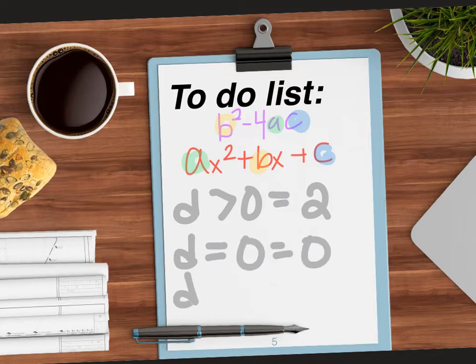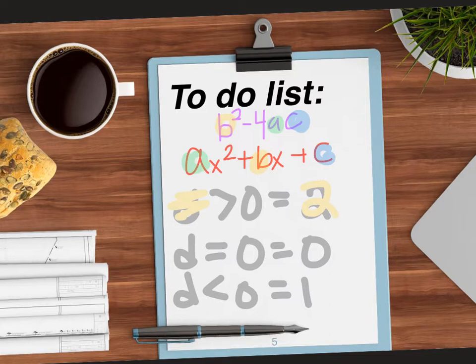And if d is less than 0, it's going to have 1 answer. So the way that I remember this is: greater gets a greater number, 0 is 0, and less than gets a less number, even though 1 is more than 0. But that's the way that I memorize it.